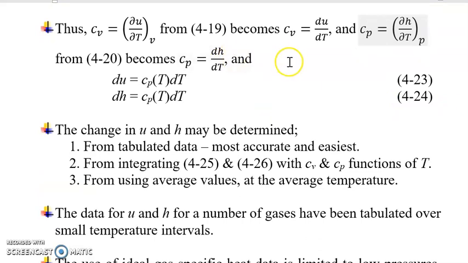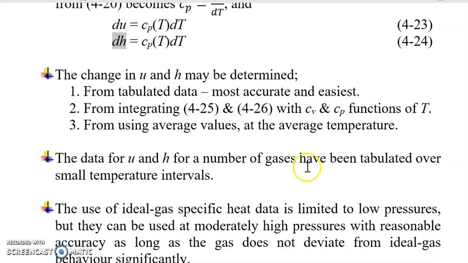Now from 419 and 420, removing the subscripts V and P, you get 423 and 424. To get the change in internal energy and the change in enthalpy, you may use three approaches.